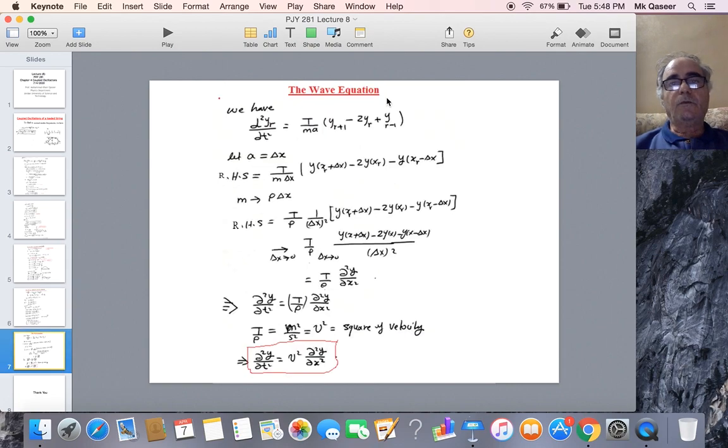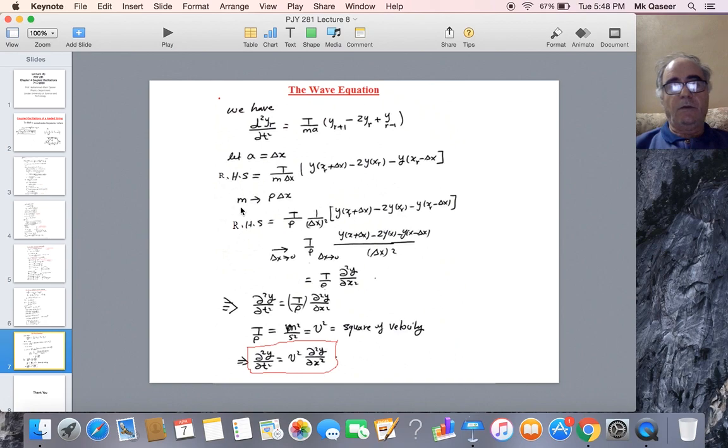Now let's move to derive the wave equation. We have this expression before. I will let a equal delta x, then the right hand side becomes T over m delta x of y at x sub r plus delta x minus 2 y at x r minus y at x r minus delta x.